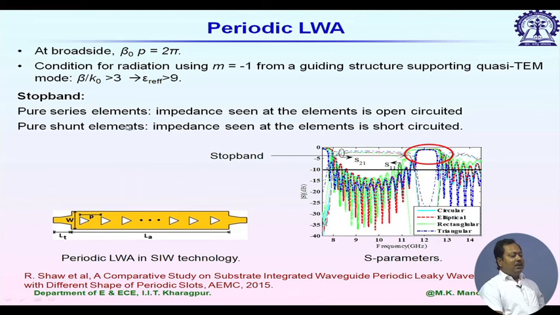So, for a pure series element, the impedance seen at the element is open circuited at this stop band frequency, and for a pure shunt element, the impedance seen at the element is short circuited. So, by using just a series element or just a shunt element, we can't avoid this problem. That means we will always be facing the broad stop band at the broadside direction.